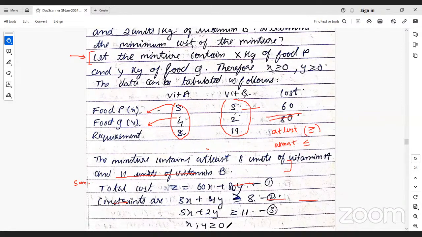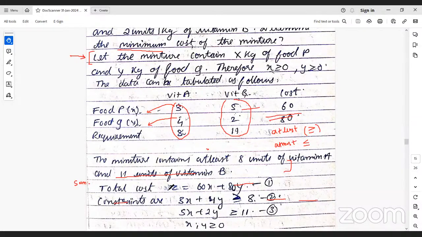So we need to write down the LPP now. To form the LPP, we need to check whether they have asked for the minimum cost or maximum cost. In the question they have asked for the minimum cost. So for minimum cost, we need to find the minimum value of this objective function.